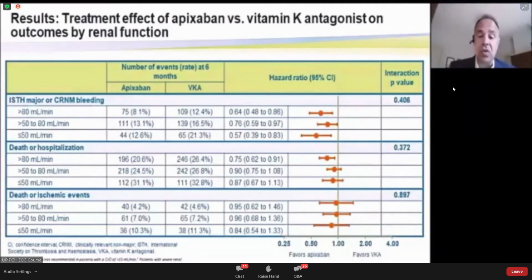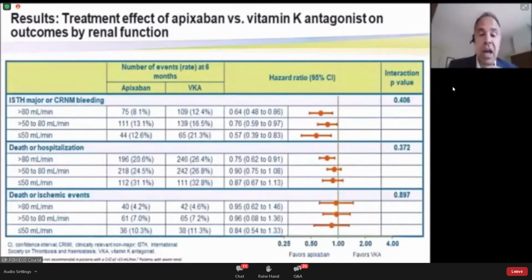Now, going back to a patient population in ARISTOTLE, where patients weren't recently undergoing PCI or having an acute coronary syndrome, but just in general looking at renal function as a subgroup across the spectrum of atrial fibrillation patients, comparing apixaban to vitamin K antagonism, we can see consistently that bleeding, death or hospitalization, or ischemic events was either statistically significantly lower with apixaban or at least favorable numerically from a risk perspective compared to vitamin K antagonism.